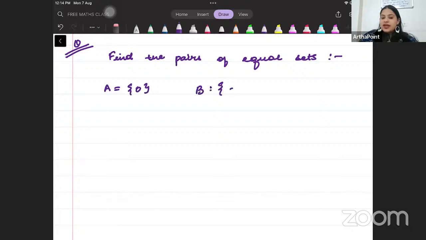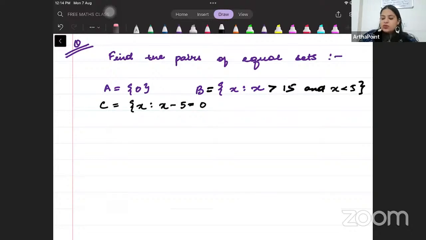B is such that X is such that X is greater than 15 and X is less than 5. C, X is such that X minus 5 is equal to 0. D, X is such that X square minus 25 is 0.